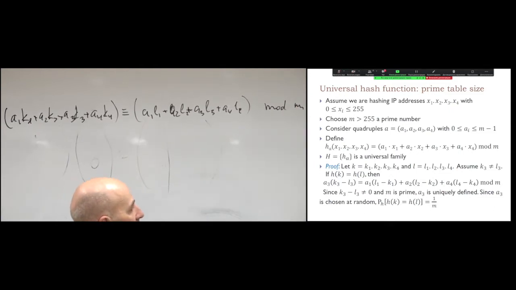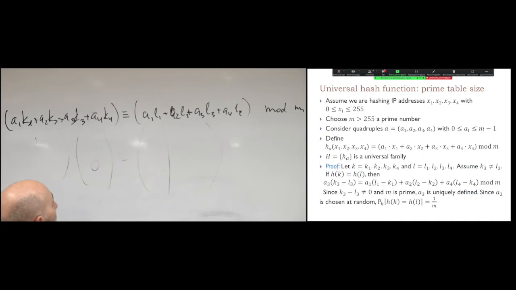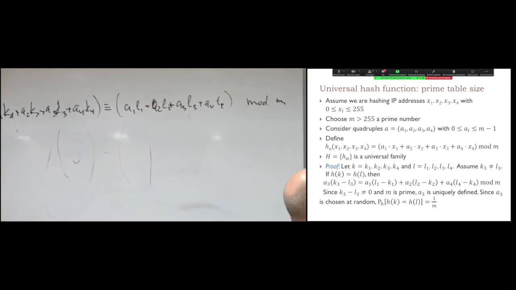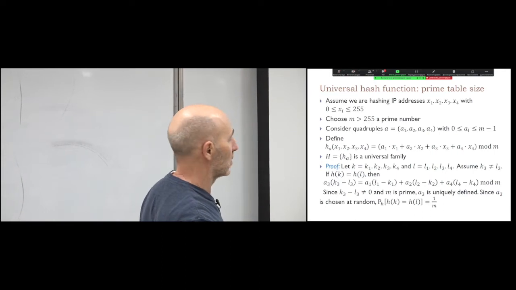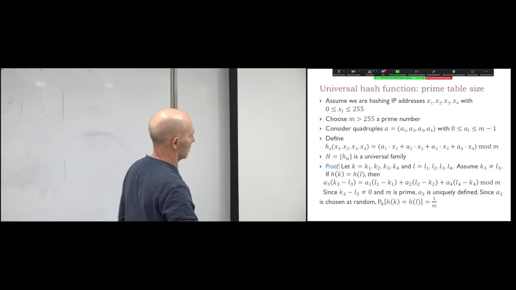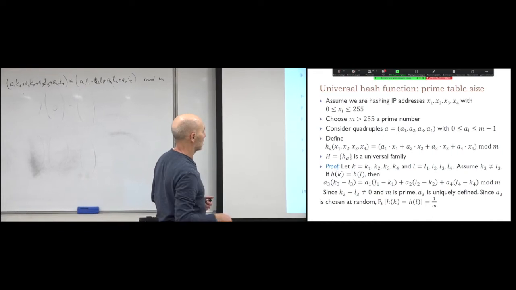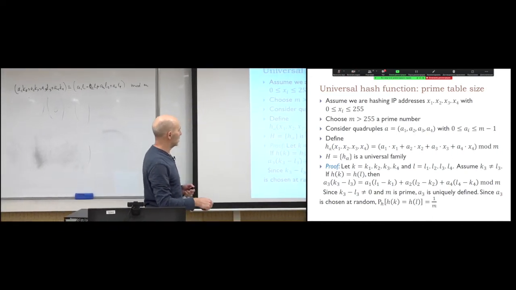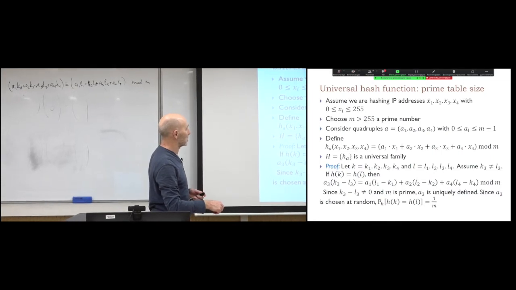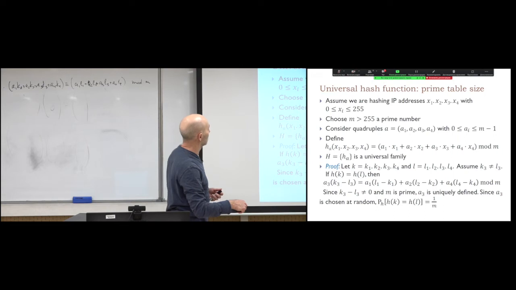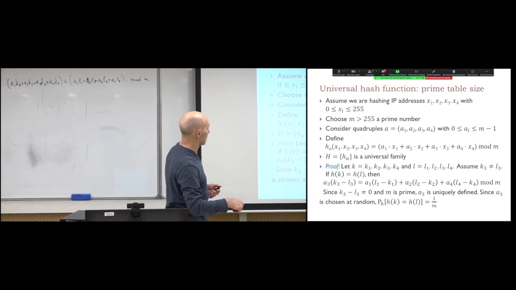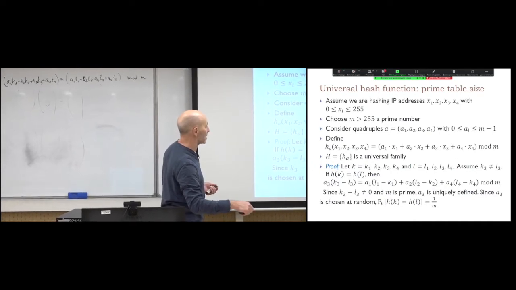Okay, then we can rewrite this in this way. And since k3 minus l3 is not 0, and also smaller than m, then by the properties of modulo, and m is prime, we can actually take the inverse.